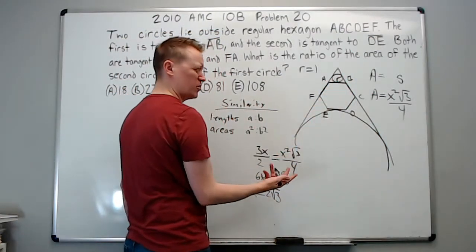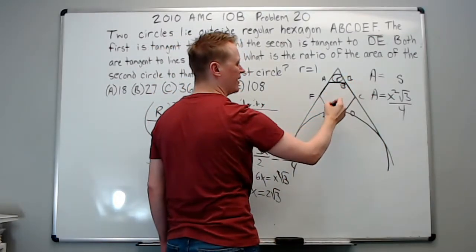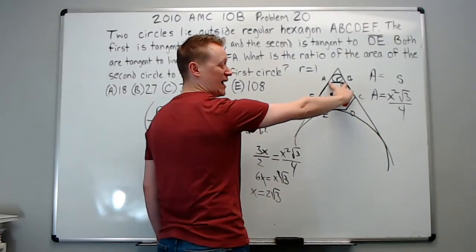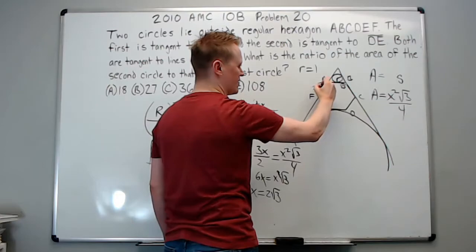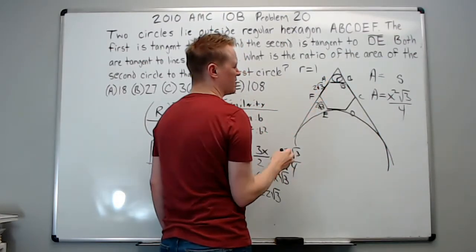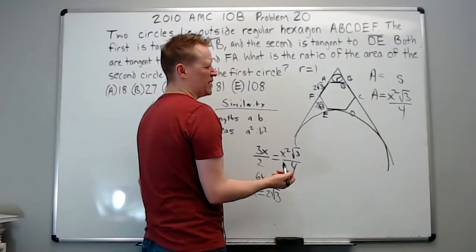Okay, so 2 root 3 is this. Then if it's 2 root 3, then half of it, which is this part, will be root 3. And that 2 root 3 is the side of the hexagon as well. That means this is 2 root 3 and this is 2 root 3. Okay, so we're good so far. How are we going to get the big radius though?